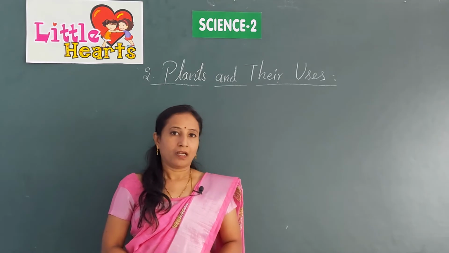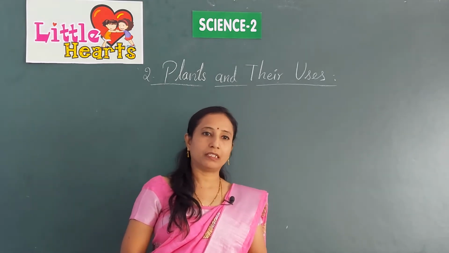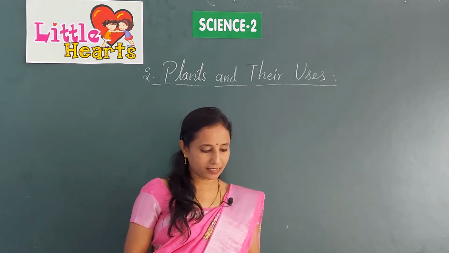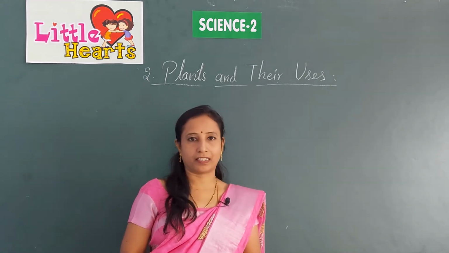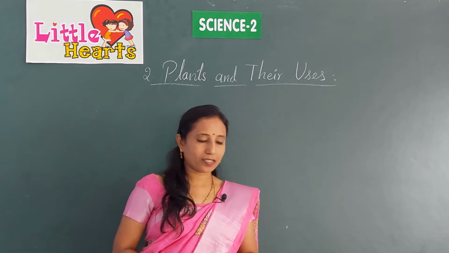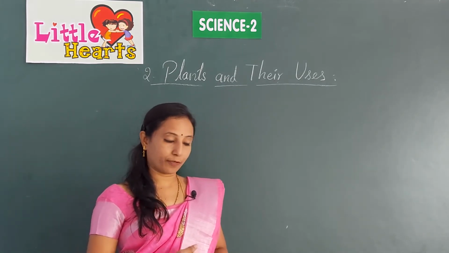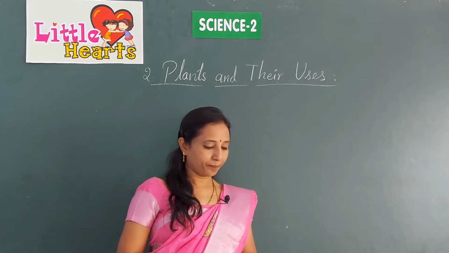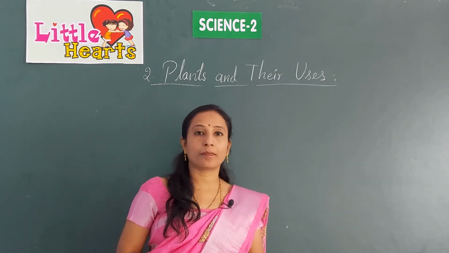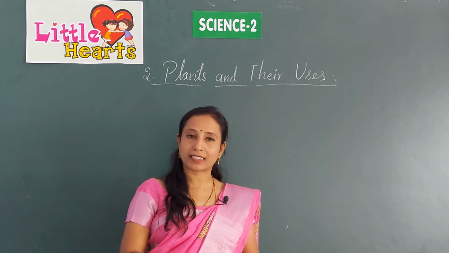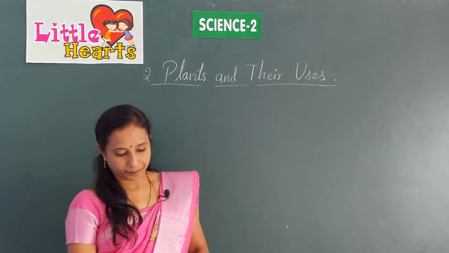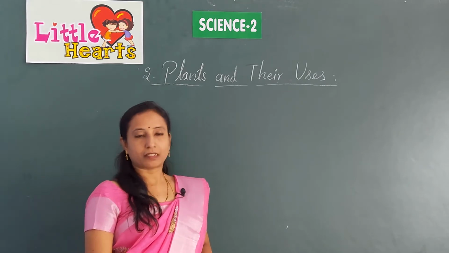We are going to learn whether plants are living or non-living things, what different things we get from plants, what keeps the air fresh, and why we should grow more plants in our surroundings. We will discuss all these topics in today's class. Okay, let's discuss now.